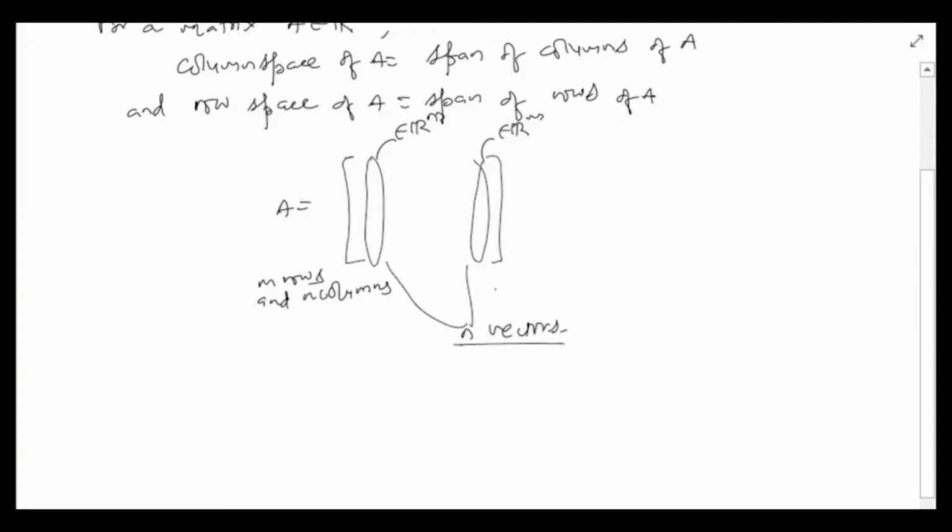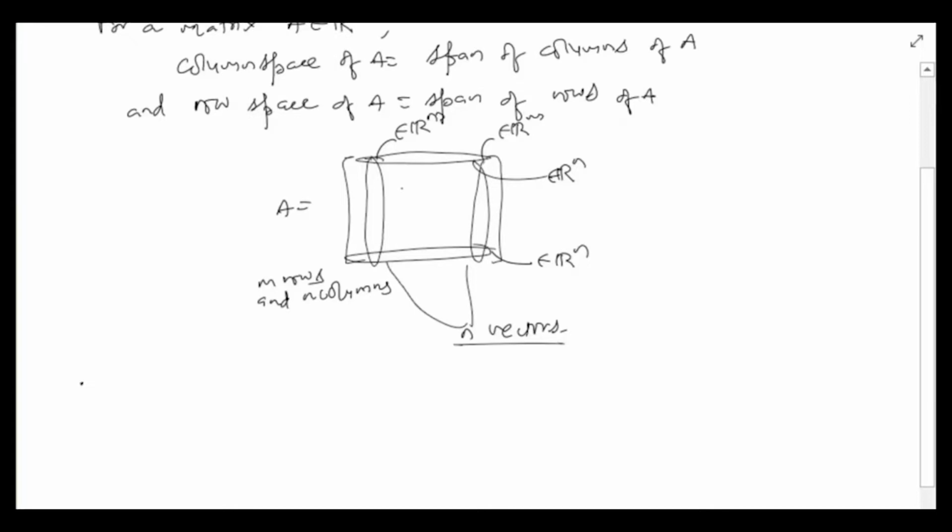The span of all these n vectors is called column space of A. Similarly, each of the rows is a vector in Rn, and there are m such rows. The span of the m rows of A is called row space of A.